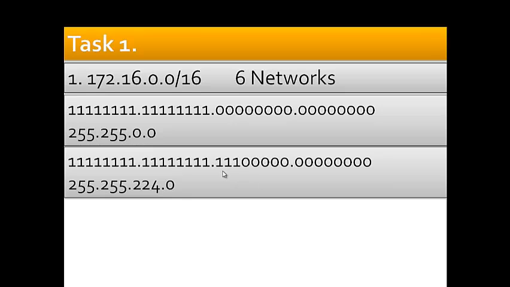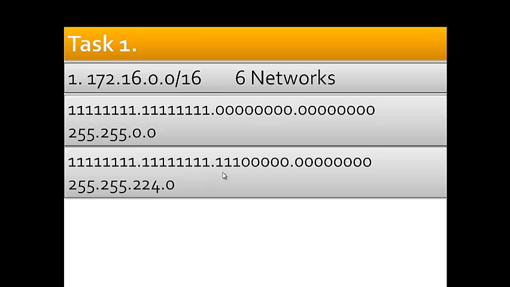Now the subnet mask is changed. The decimal value of this subnet mask is 255.255.224.0. Here the value of this bit is 128, this bit is 64 and this bit is 32. So when we add 128, 64 and 32, the addition of these 3 bits is 224, and this is followed by the 0.